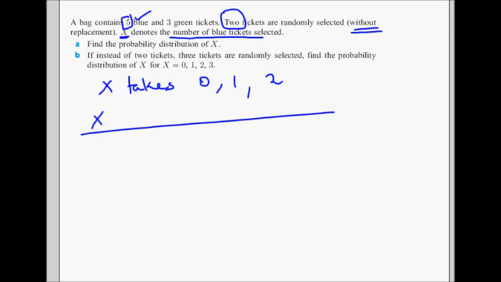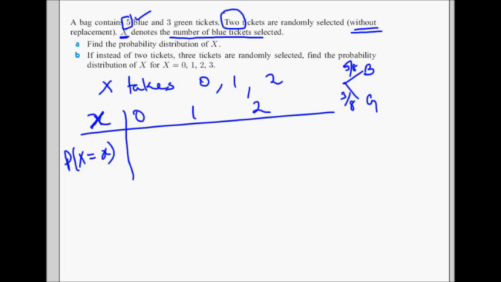So you start writing them, and you take this as small x, 0, 1 and 2, and then the probability of the random variable taking each of the values would be written like this. Probability of having 0 blue, 1 blue and 2 blue. This should be done using your tree diagram, which is blue and green, and blue would be 5 over 8 and green would be 3 over 8.